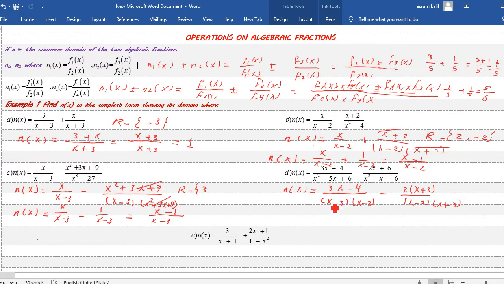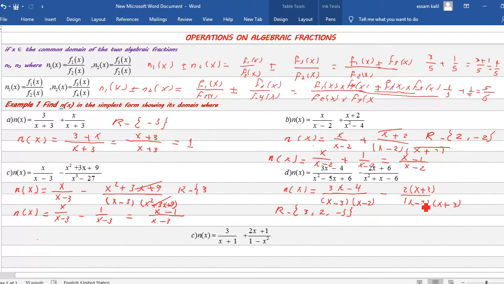Before making the simplest form, find the domain. So the domain becomes R difference. What is the number that makes the denominator equal 0? Take the opposite sign of negative 3, so it becomes 3, and negative 2 becomes 2, and negative 3.